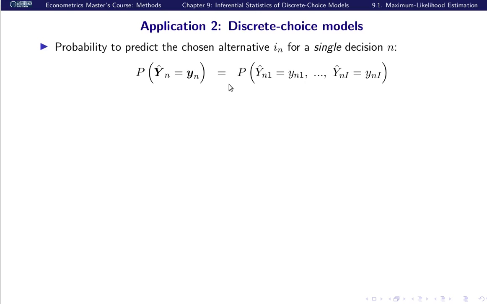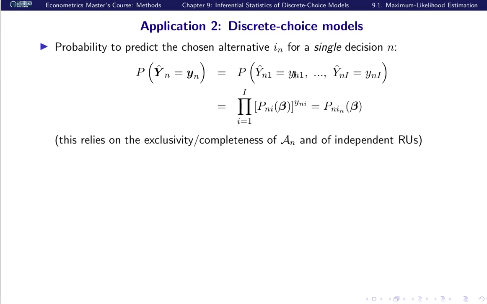We will now use both. So the probability for the first is equal to the data and so on, and only one element of the data is 1, because we know the choice set is exclusive and complete, so exactly one of these y, which are the chosen alternatives, is 1, all the others are 0.